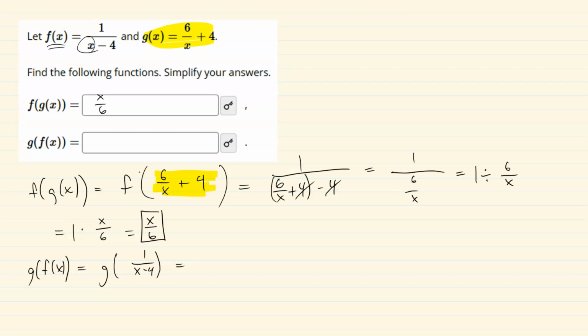So wherever we see an x in the function g, which is 6 over x, now we're plugging in 1 over x minus 4. And we're going to add 4 to that.